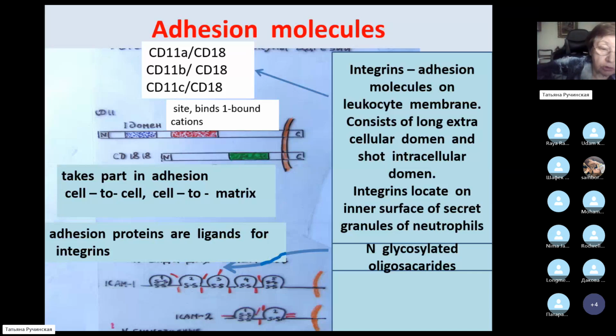This long domain belongs to the outer cellular part of the adhesion molecule. The function of adhesion molecules is to make contact from cell to cell or from cell to the matrix, meaning to the outside of the cell.